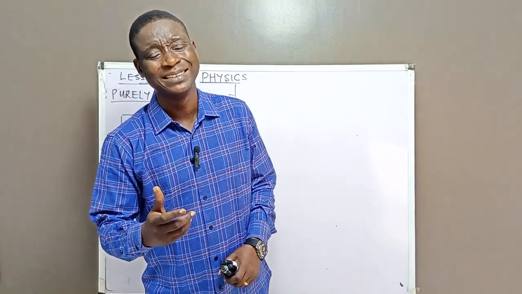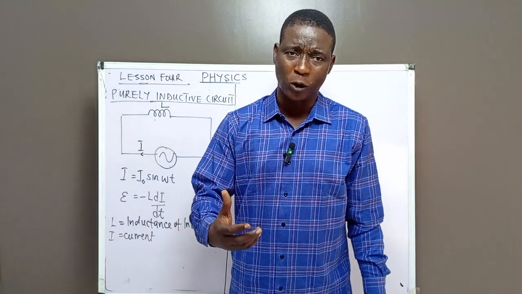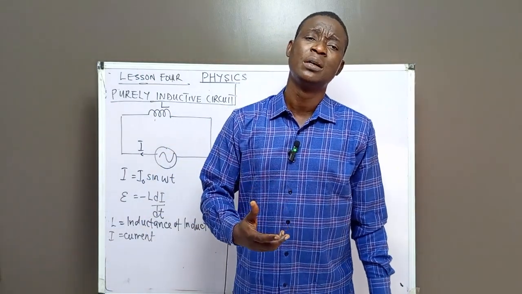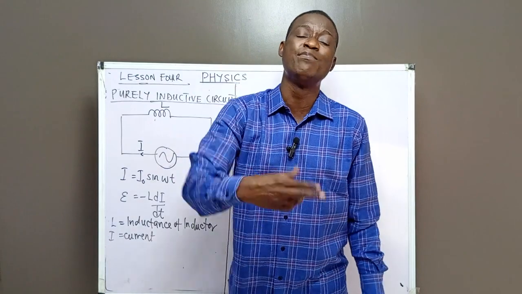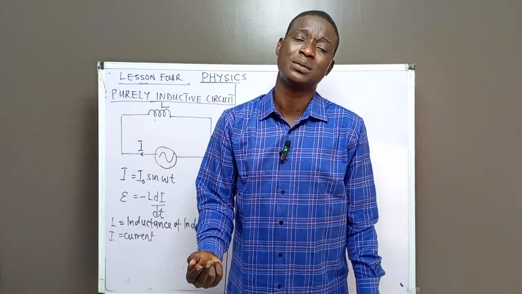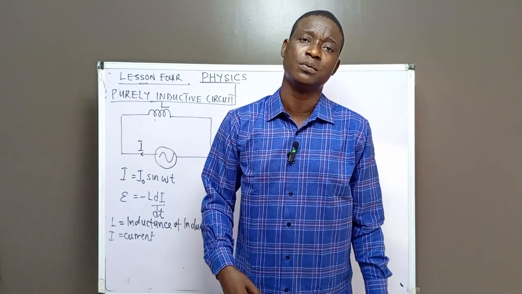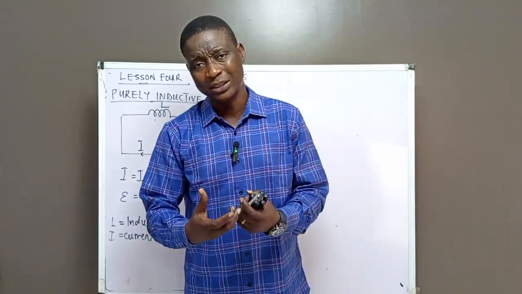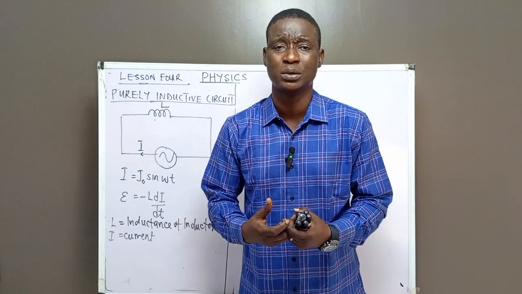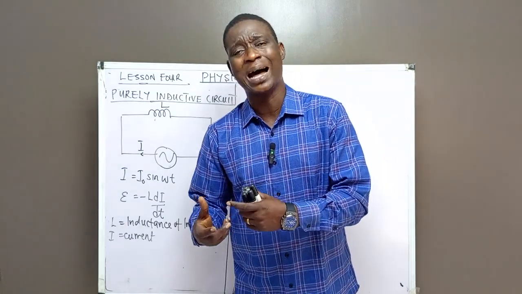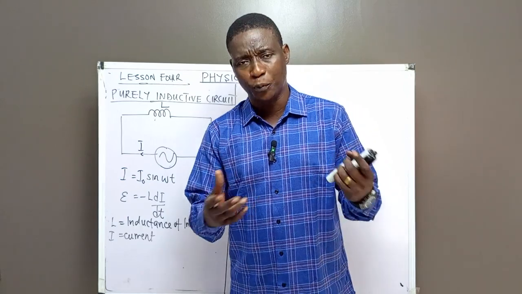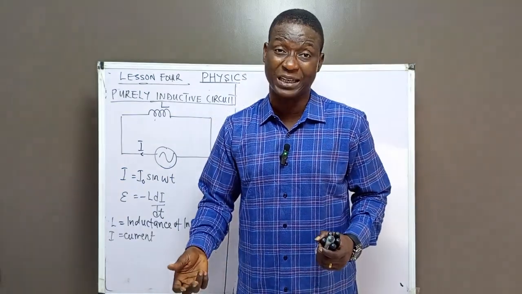It's because when the EMF is set up, it moves in such a way as to oppose the motion that produced it. According to Lenz's law, the motion and the current are equal and opposite, which we also call the law of conservation of energy.